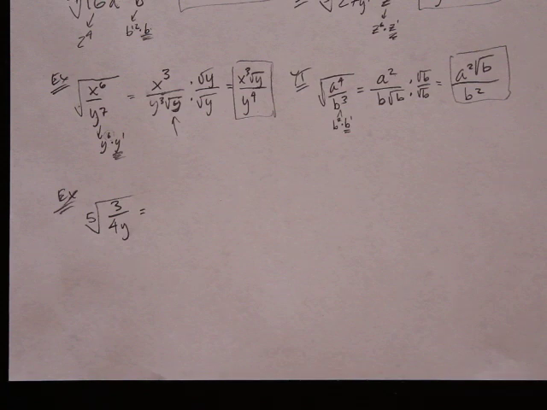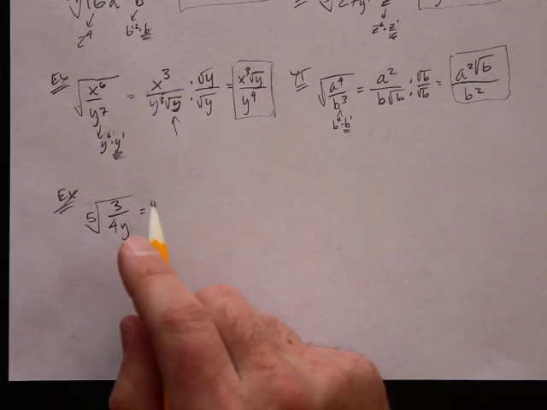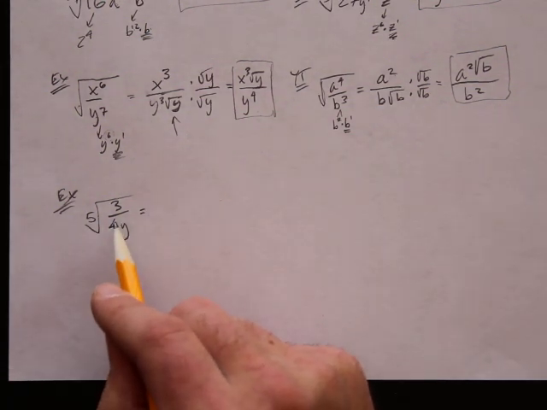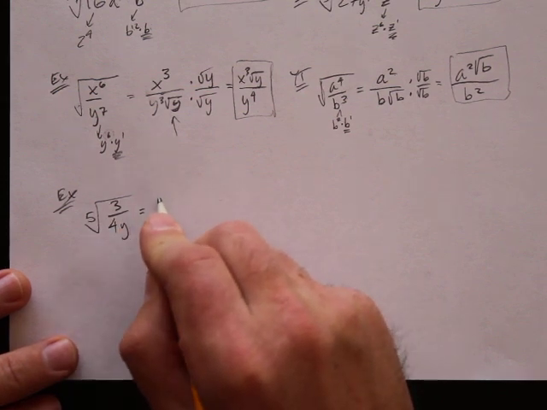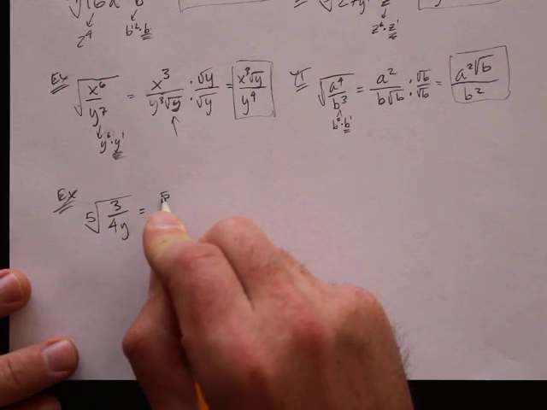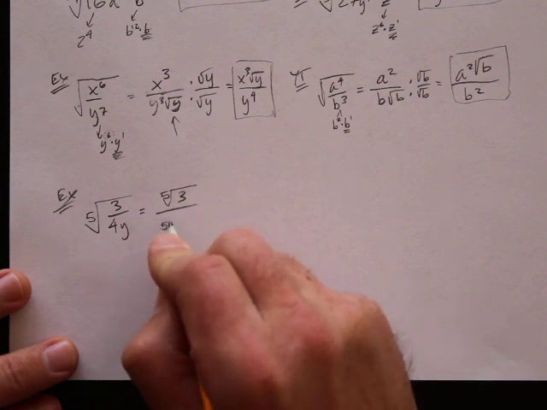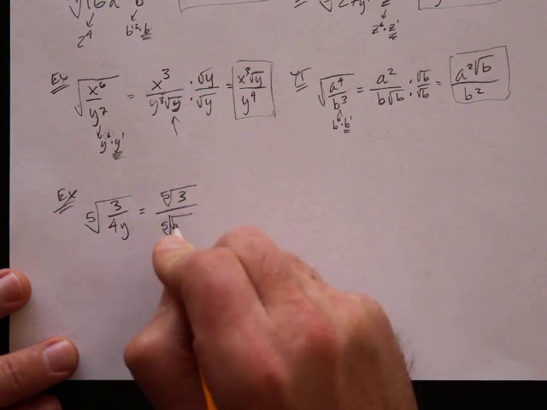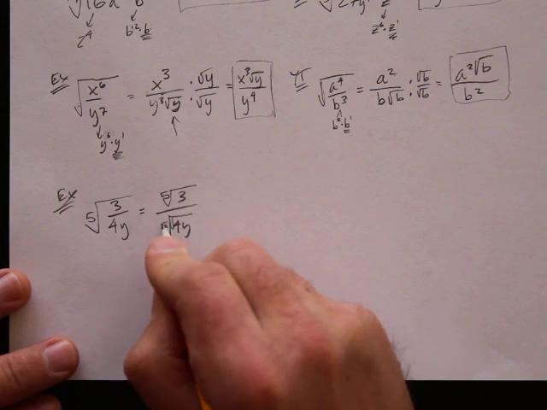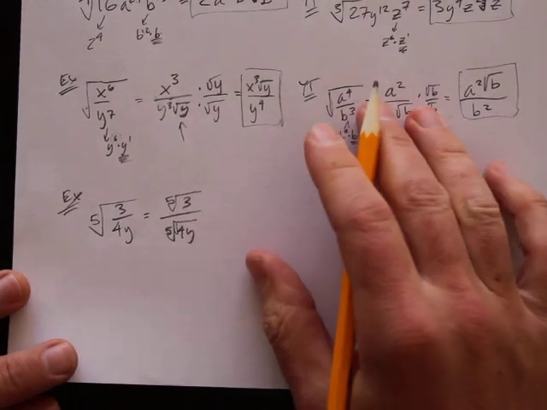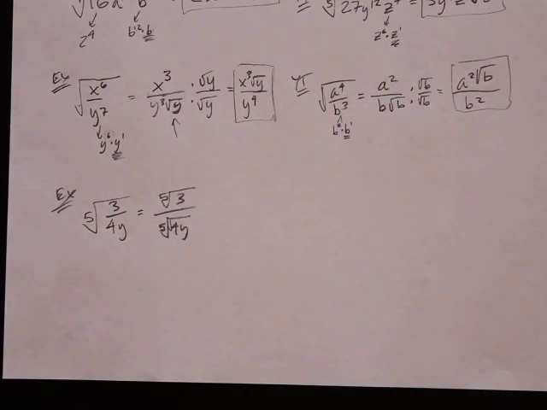So the deal here is I've got to figure out how to rationalize this denominator, because if I was to rewrite this, it would be the fifth root of 3 over the fifth root of 4y. And I can't have the radical in the denominator. I'm not allowed.